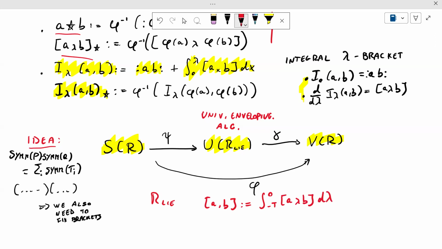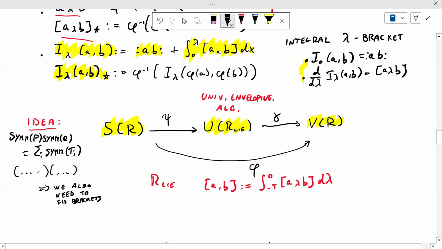This one would be the commutator of the normally ordered product, in terms of lambda bracket it is written like this. So it's a commutator, so it gives a Lie bracket. So R Lie can be made a Lie algebra like this, and then we can consider its universal enveloping algebra.